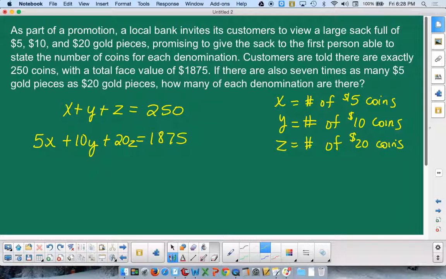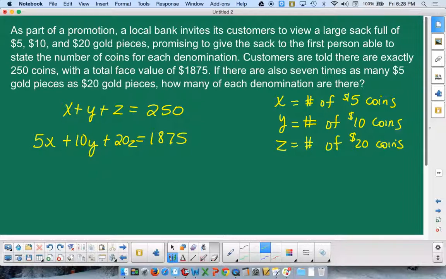Okay, it's the third one that will cause all kinds of issues. There are also 7 times as many $5 gold pieces as $20 gold pieces. Okay, now that's the question. How do I write that equation? There are 7 times as many $5 gold pieces as $20 gold pieces. Okay, and 9 times out of 10, students will write down there are 7 times as many $5.